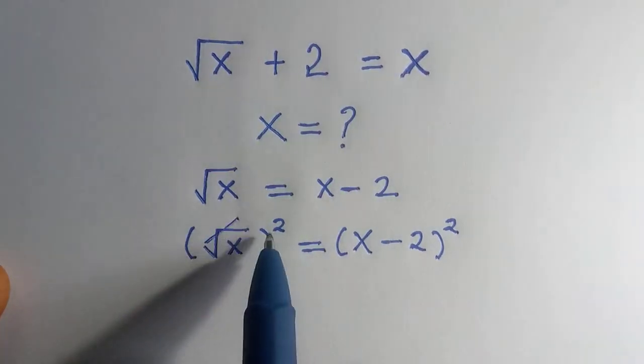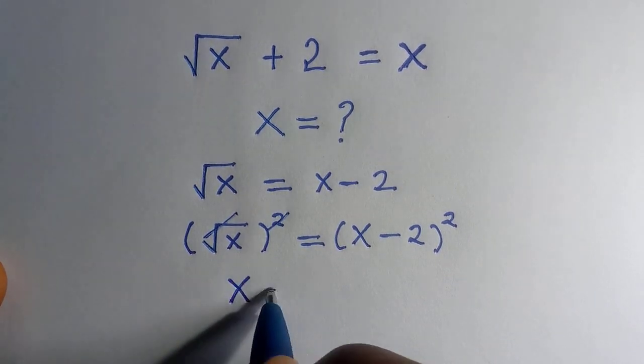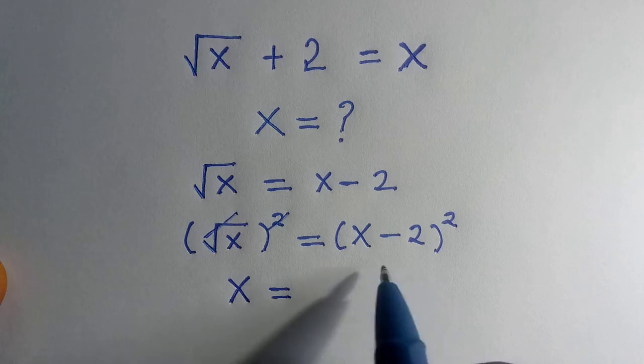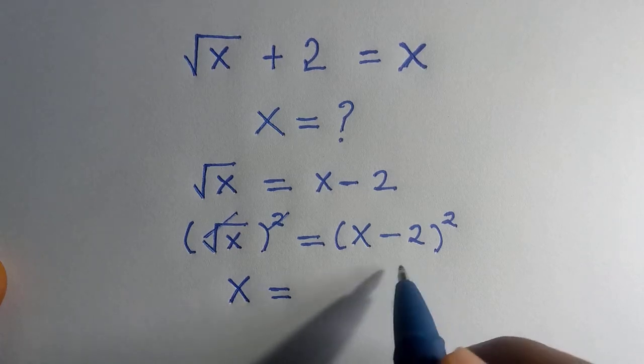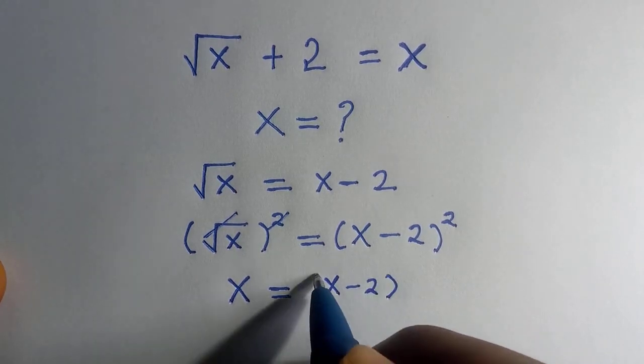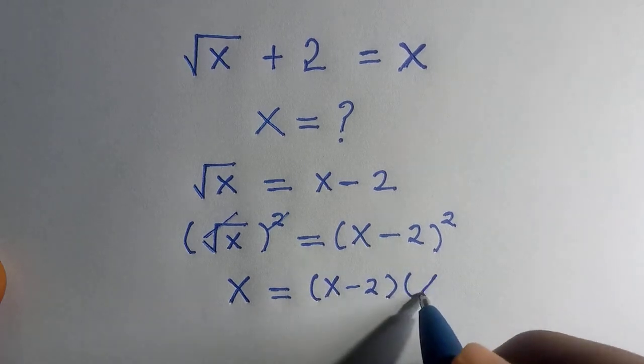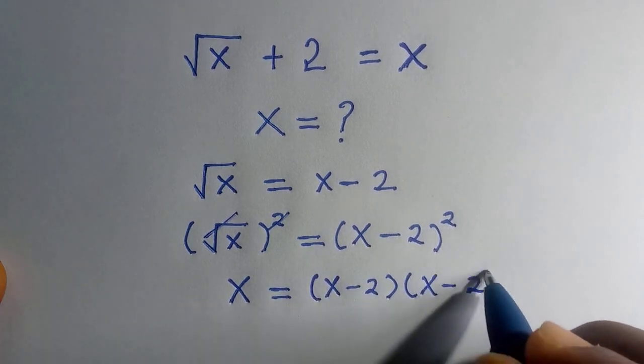When this and this cancel each other, we have x equals the expansion of this one, which we can write as x minus 2 times x minus 2.